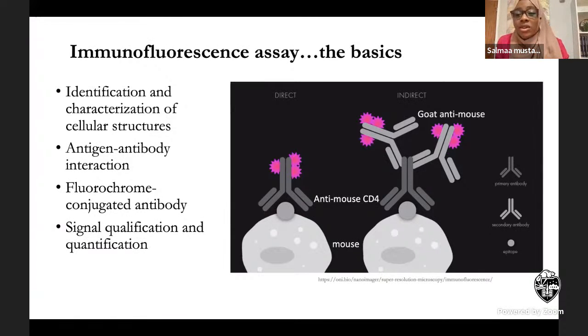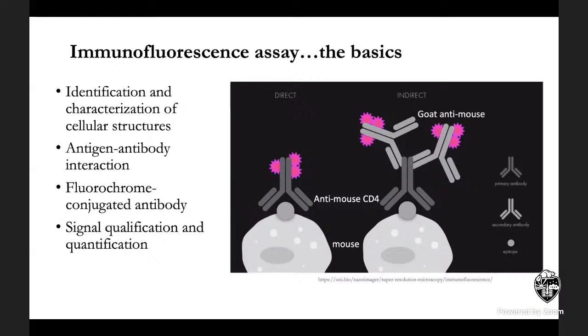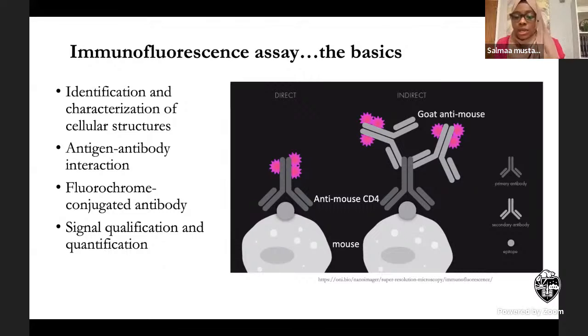Yes, so did I get non-specific signals? Not really, because I used the blocking step before I started staining my cells. And with the Keyence microscope, I was able to neglect some signals.